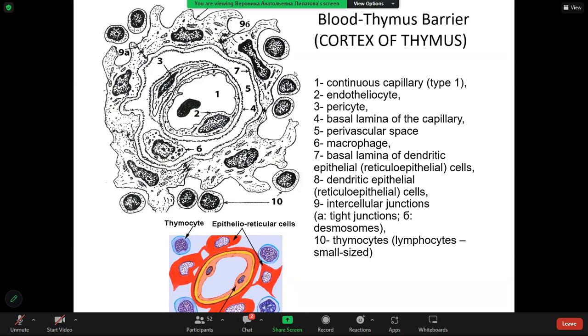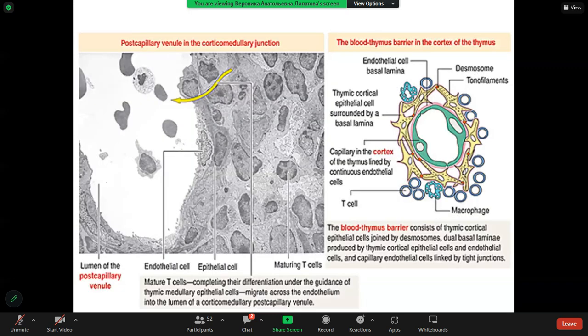And these are thymocytes, cells of the lineage of T lymphopoiesis at different stages of differentiation. Here the same.